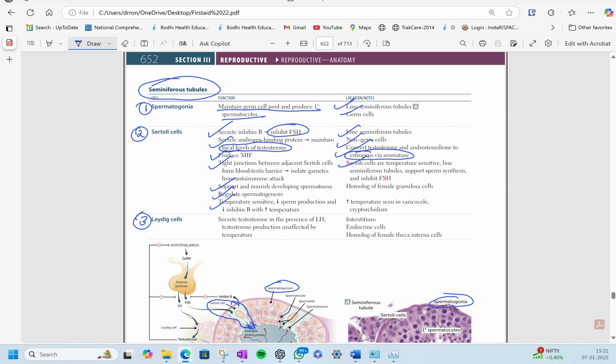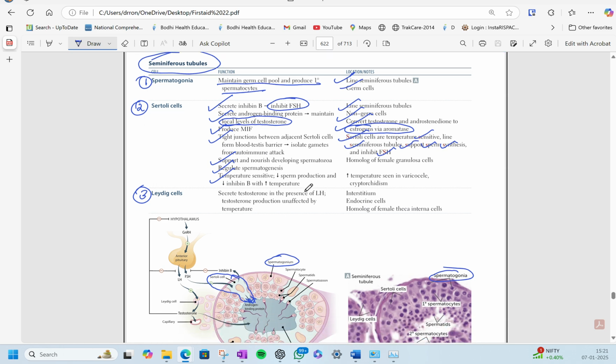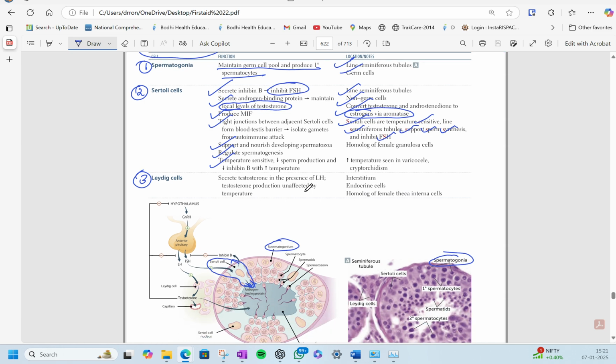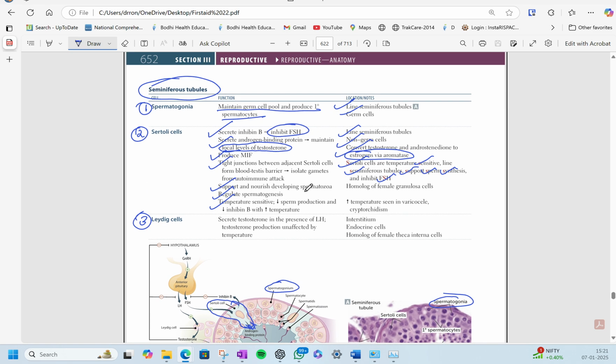Sertoli cells are temperature sensitive, support sperm synthesis, and they inhibit FSH. When FSH is inhibited, it inhibits the production of testosterone. So FSH has nothing to do with testosterone in males.